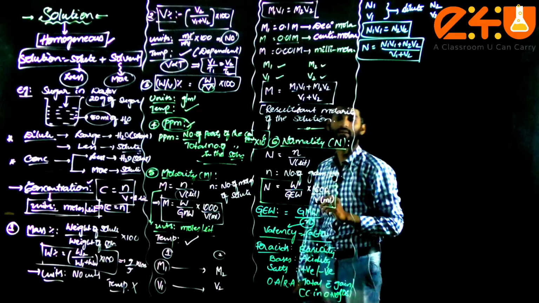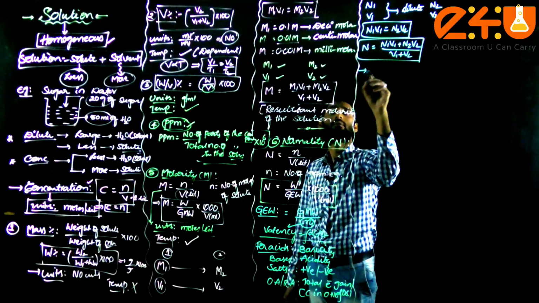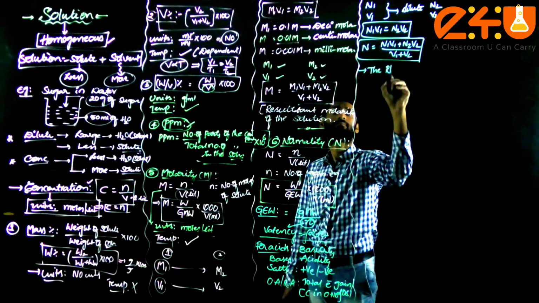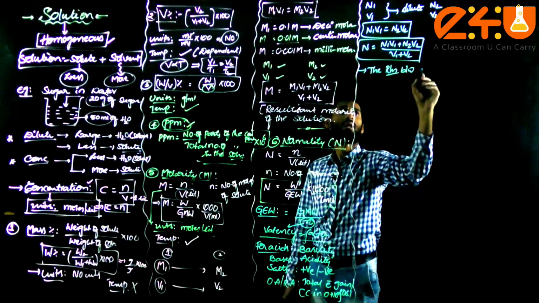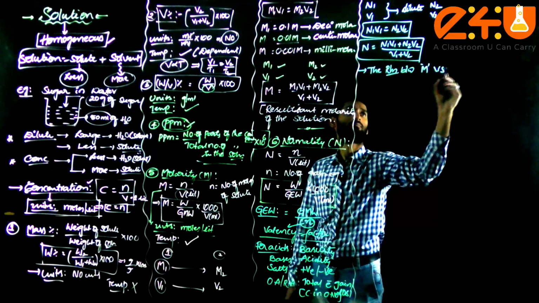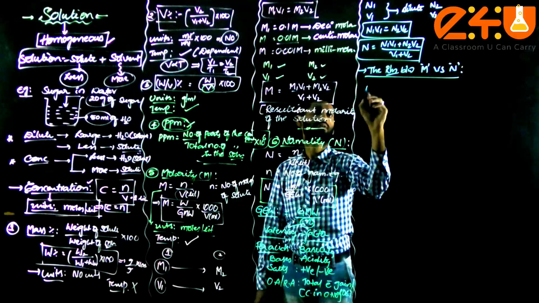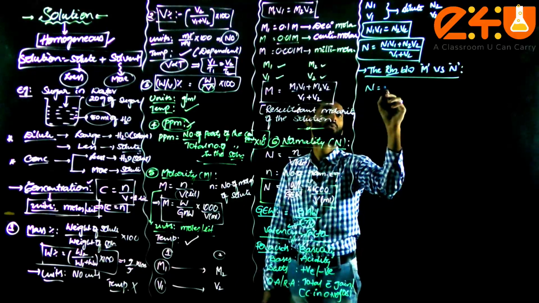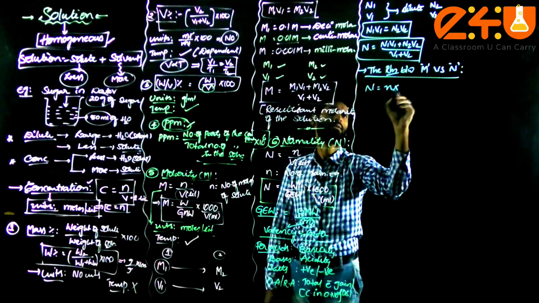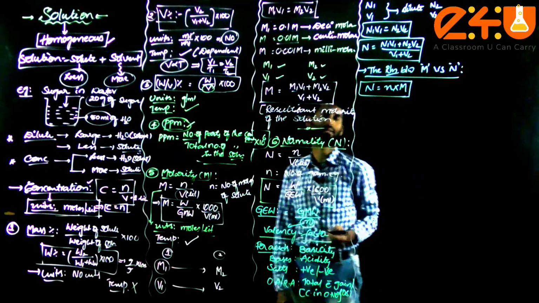Please don't forget. And very important is the relation between molarity versus normality. Normality is equal to small n into capital M. This is very important, dear students. Please don't forget.